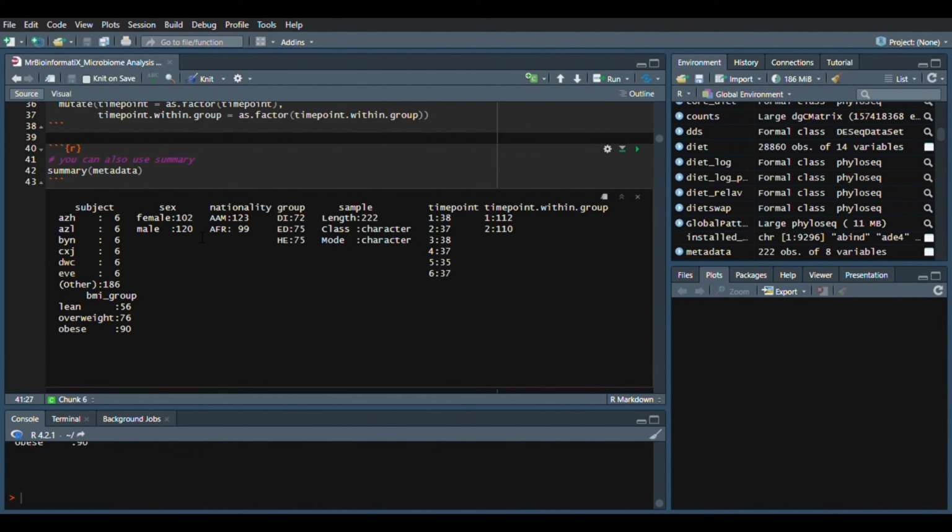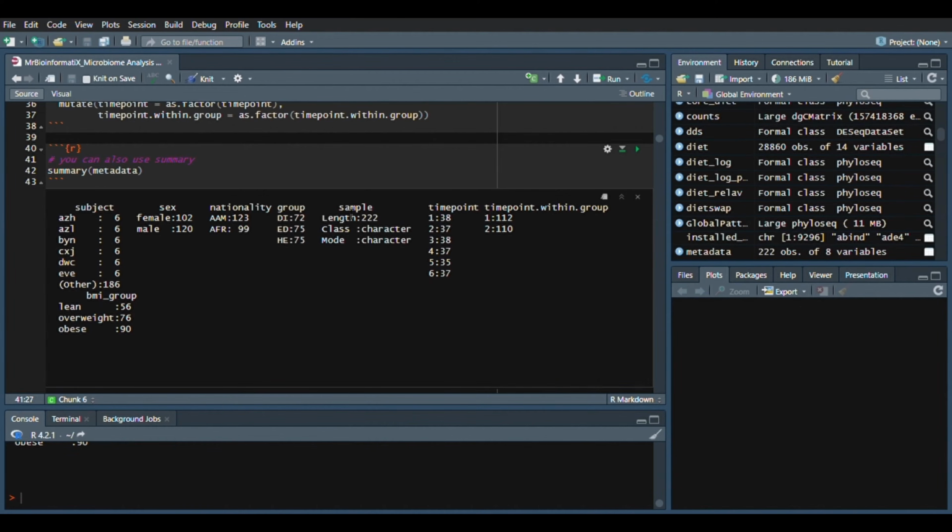And then nationality, AAM 123, AFR 99. As we said before, AAM is African American and AFR is African. Then group, it shows the number of samples in each group. For example, here we have 72, and then 75, and then 75. It's important for understanding experimental classifications.